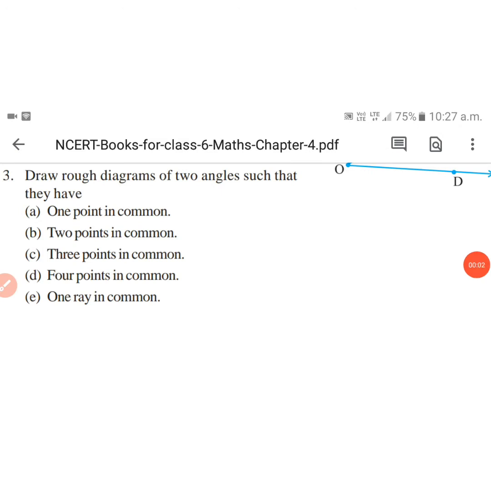Question number 3. Draw diagrams of 2 angles such that they have one point in common.